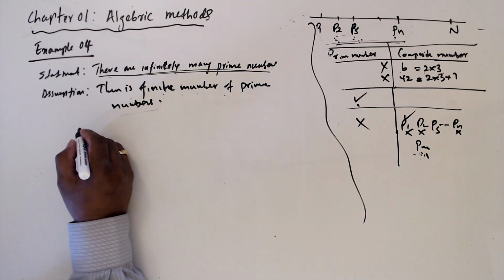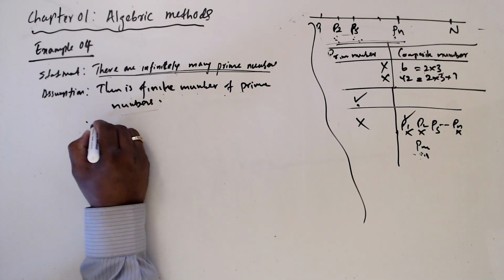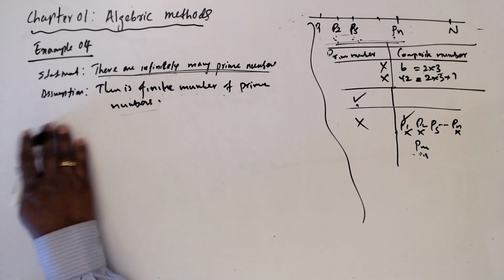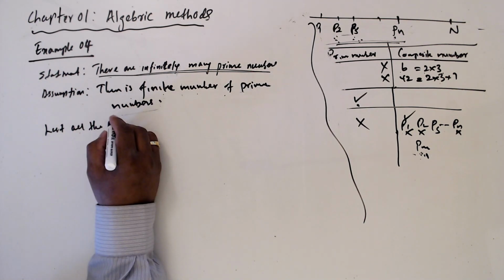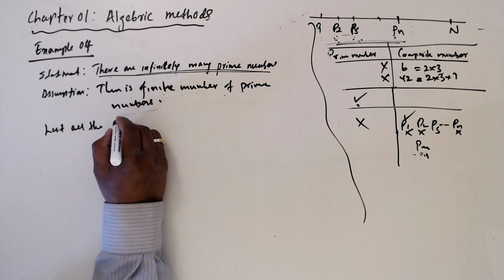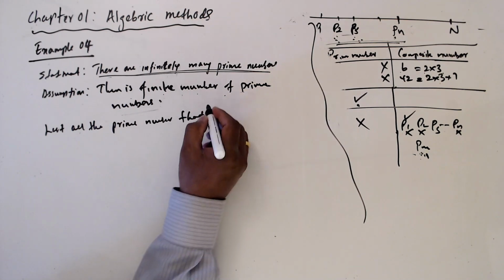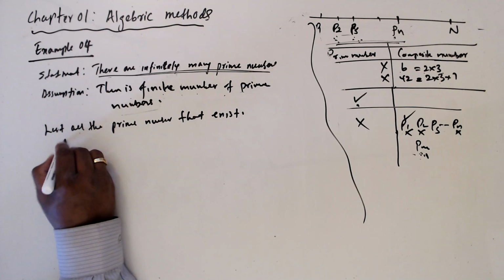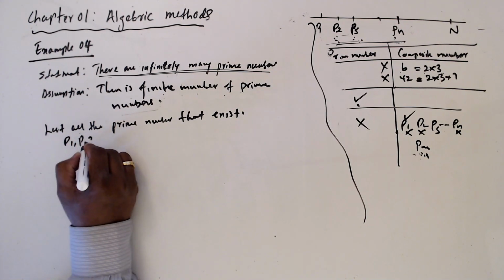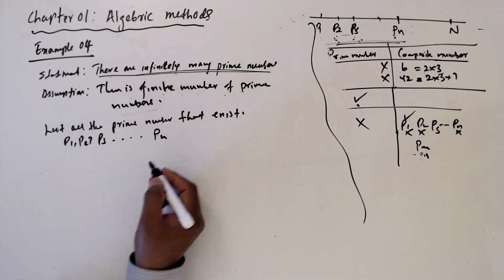So now we'll work on it again. List all the prime numbers that exist. We will list them as P1, P2, P3, likewise Pn.